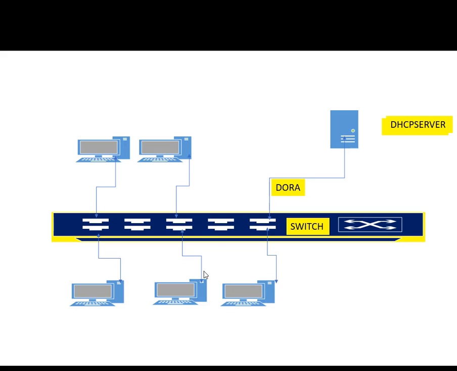We have a huge problem here, and that means we have 100 people not working the whole day, and that is not a good idea. So what will be the solution here? This is a single server, and we don't want to implement a single server to provide DHCP for all these 100 computers.